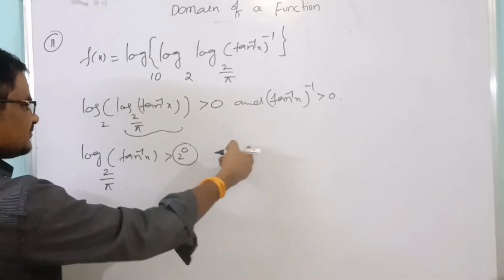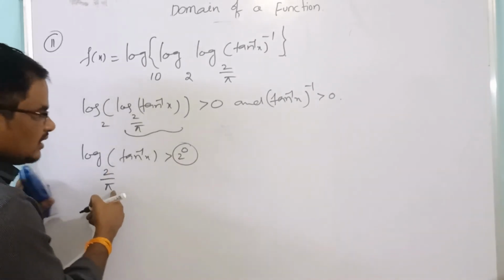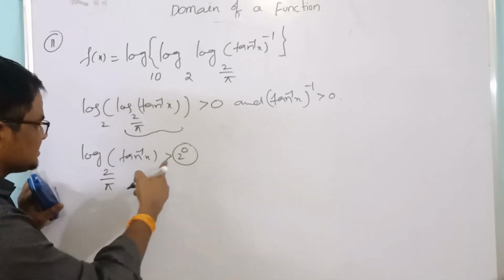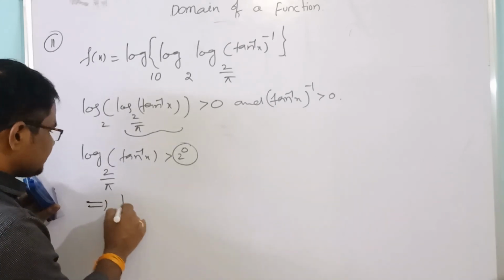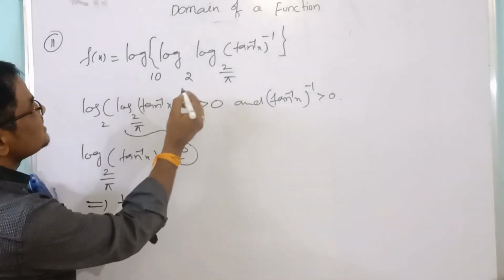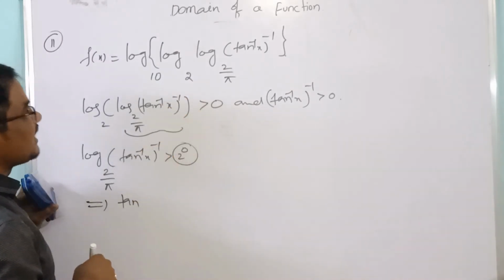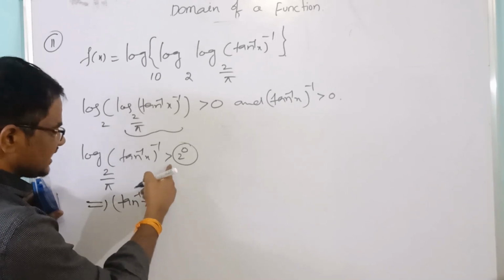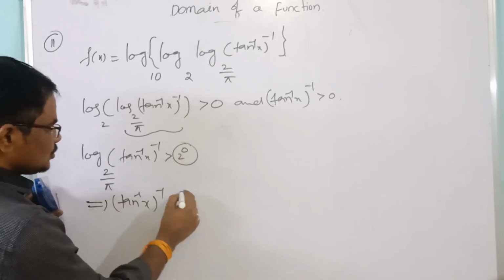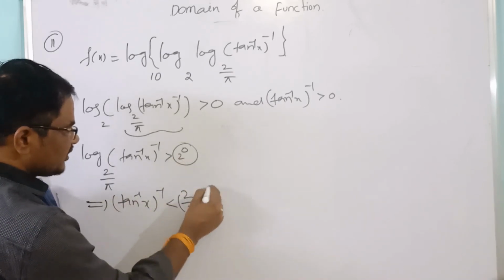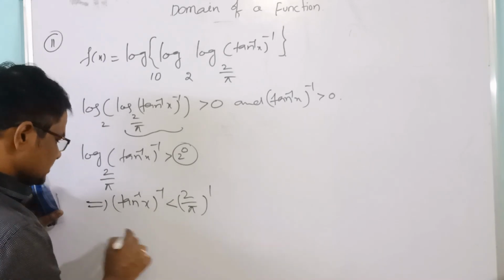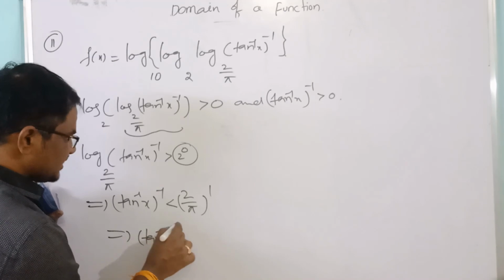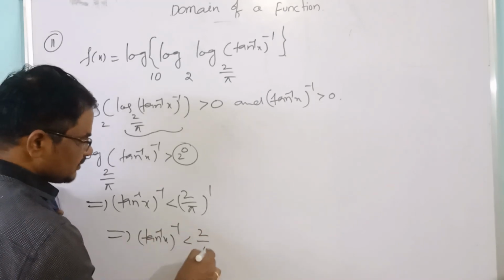So again, the same condition: 2 by pi means 2 by 3.14, in between 0 and 1, so the inequality will change. That implies tan inverse x whole power minus 1, this greater than becomes less than, so 2 by pi whole to the power of 1, right? Now that implies tan inverse x whole power minus 1 is less than 2 by pi.